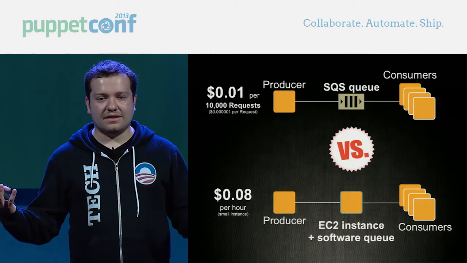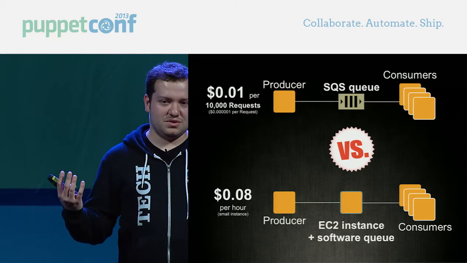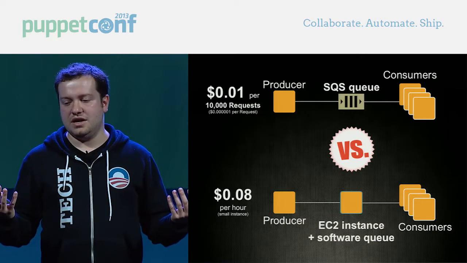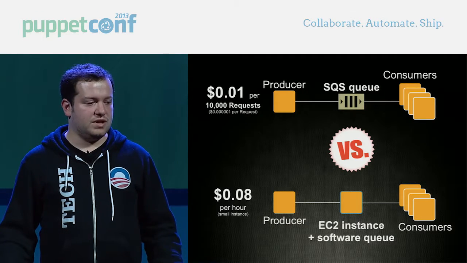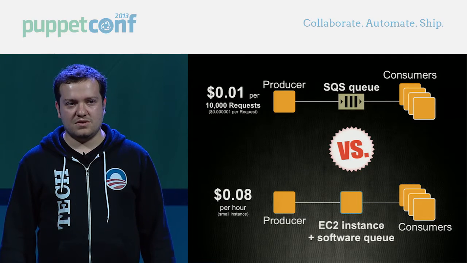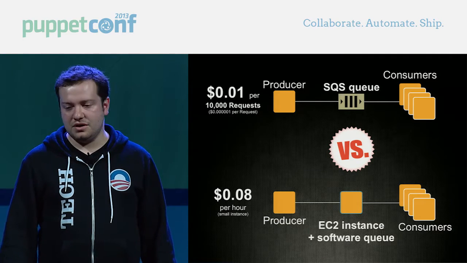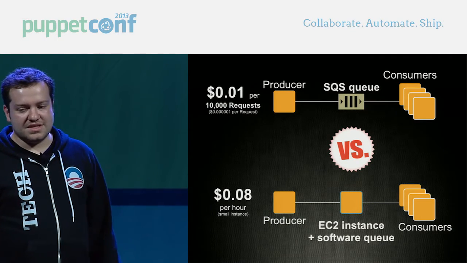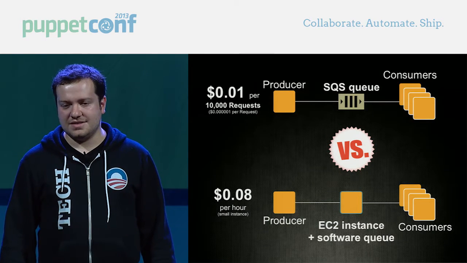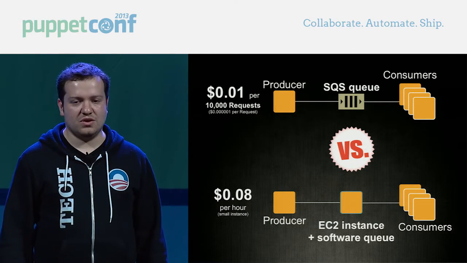Like a lot of things on AWS, you could either use the service, SQS, or you could build your own queue. It's really up to you. But we determined that it was a lot easier for us to just use existing services where we could. SQS costs 1 cent per 10,000 requests, and it costs 8 cents per hour to run a small instance.